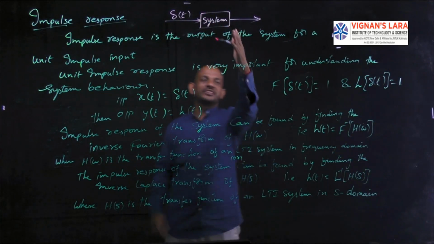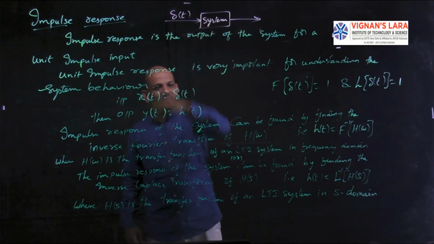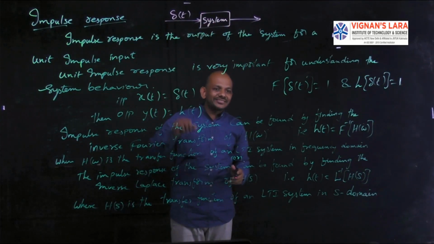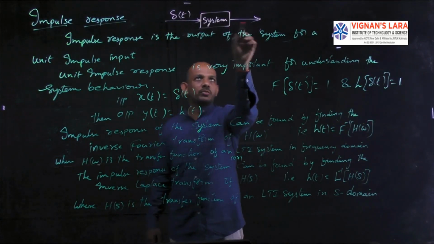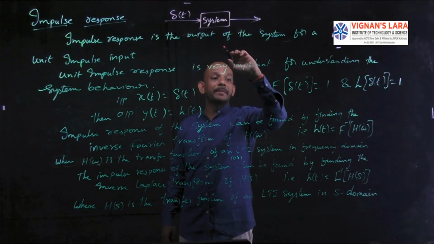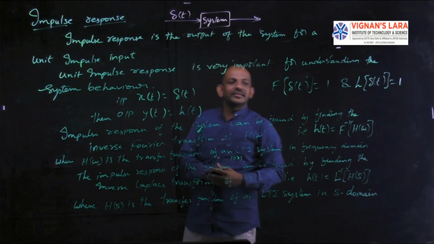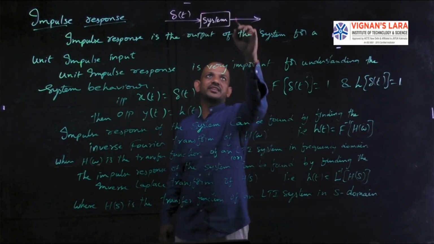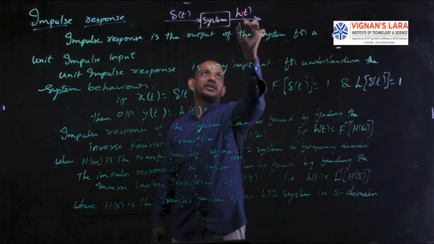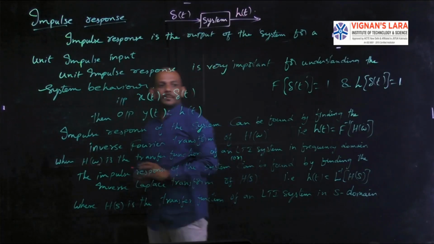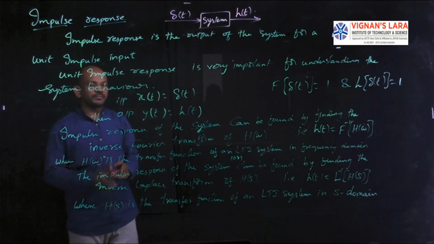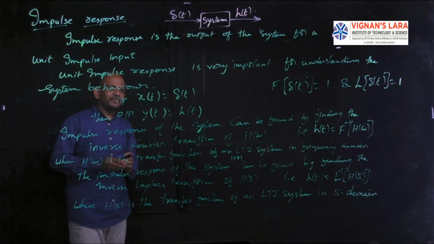So the output of the system is nothing but the impulse response, and the impulse response is represented with h of t. Simple.